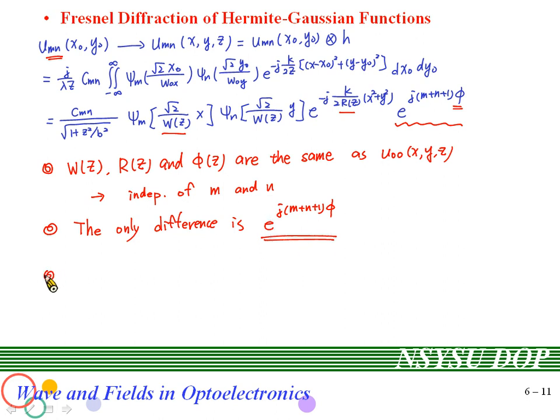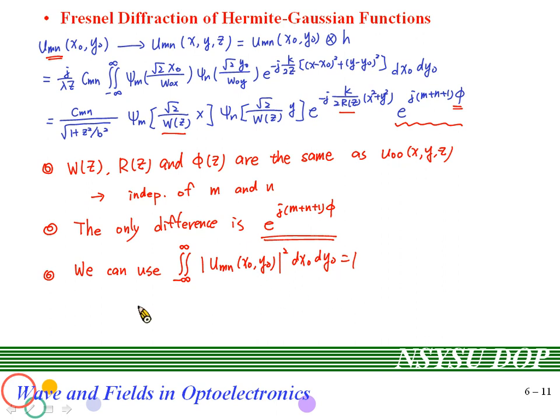And we have a parameter Cmn shown here. How to find it? To find the expression for Cmn, we can use power conservation. The power conservation makes the square of Umn integrate to 1.